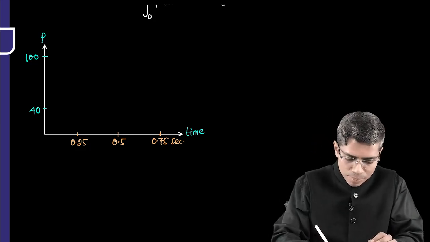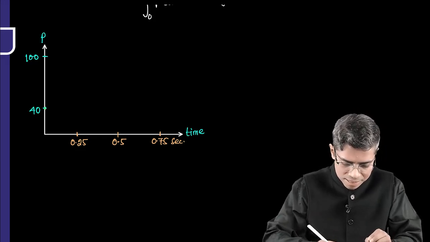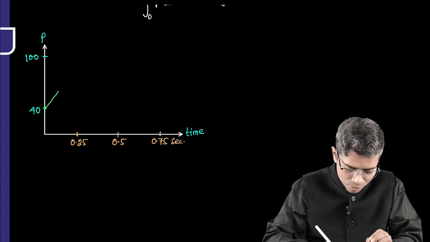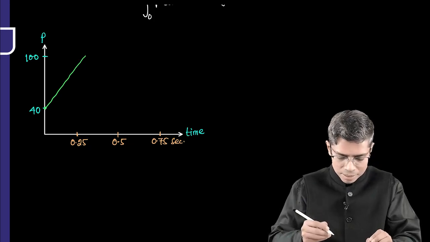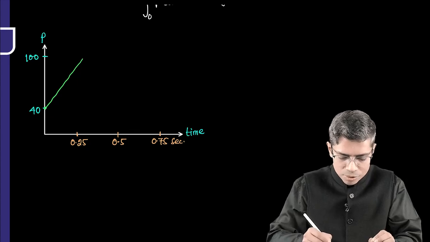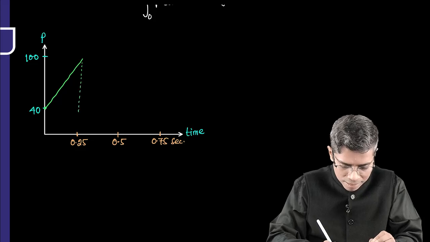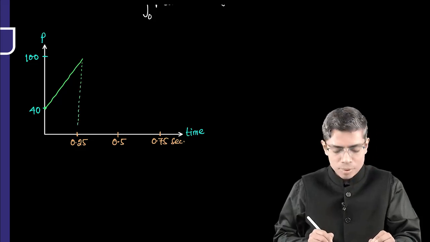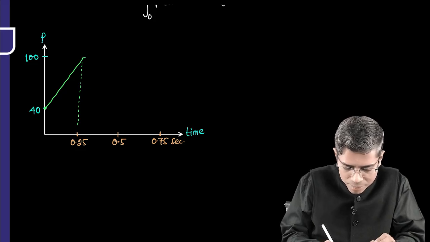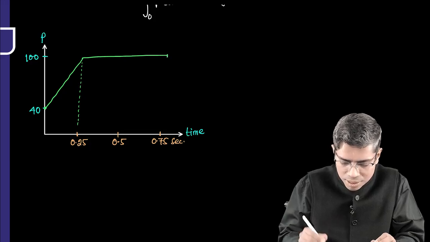Now if I plot this curve of how the partial pressure of oxygen will rise, I can easily understand that the diffusion equilibrium will be reached at 0.25 second, right? This is the point where the diffusion equilibrium is reached, because if you drop a perpendicular, the time required is only 0.25, and after that no further increase in partial pressure of oxygen is possible, because diffusion has stopped.